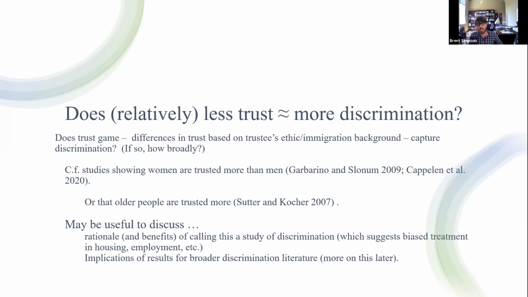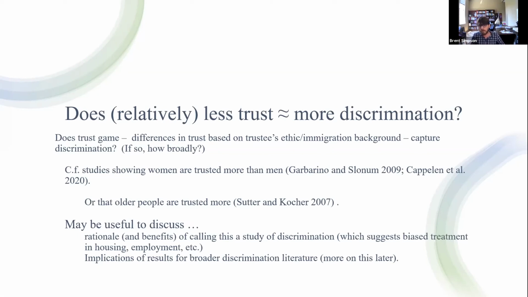And we can say the exact same thing for age. The trust literature looks at how age determines whether someone's trusted, and people tend to trust older people more, which contrasts with the age discrimination that we see, say, in the labor force, right?